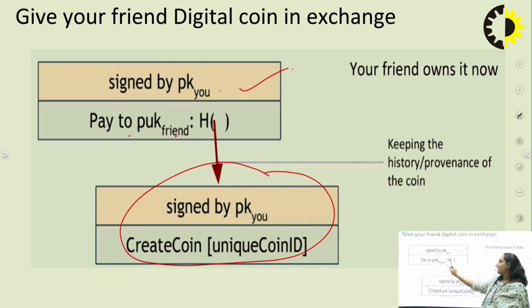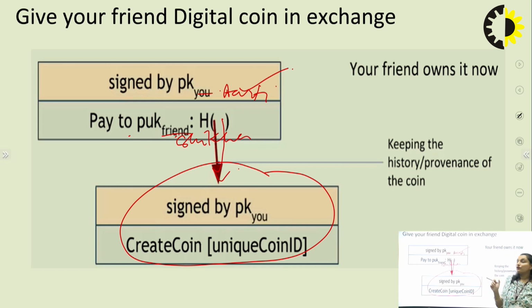For example, I am Aarti and the friend is Shikha. Shikha's public key says that I have a document they want to buy, and after they purchase it, you will transfer the digital coin to my account, and then a hash code of it is created.